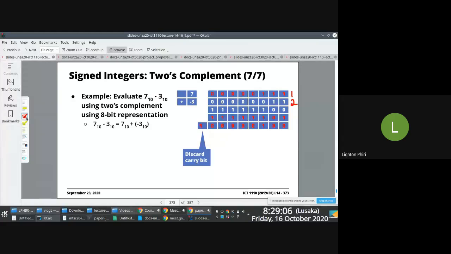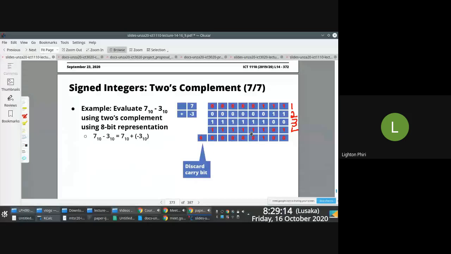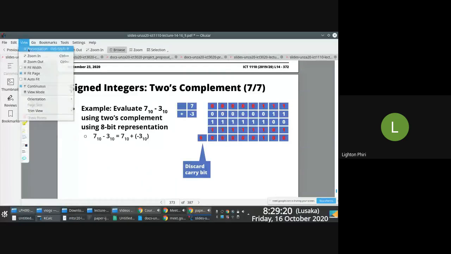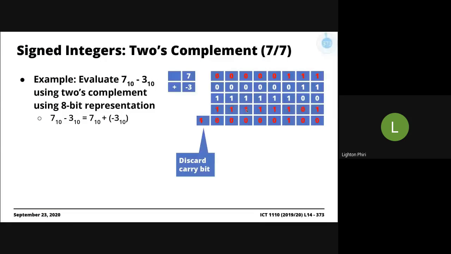Which row are you referring to? This is row number 3. The addition should be row number 1 and row number 3, no, it's row number 4.